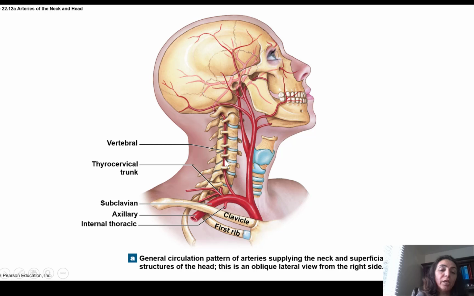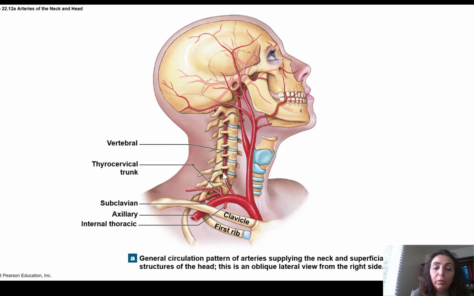You remember on the lateral side of each cervical vertebra we have a hole that we call the transverse foramen. And now you see that what is passing through the transverse foramen is the vertebral artery. Good.